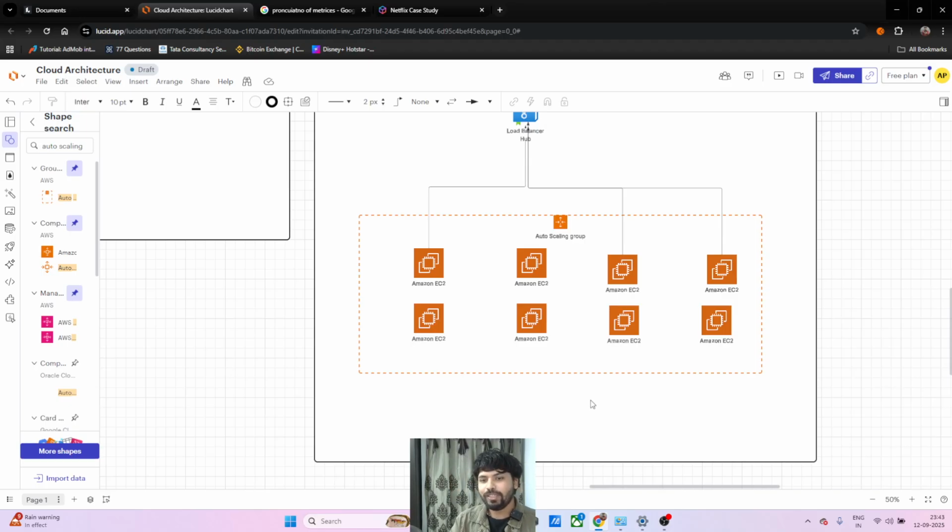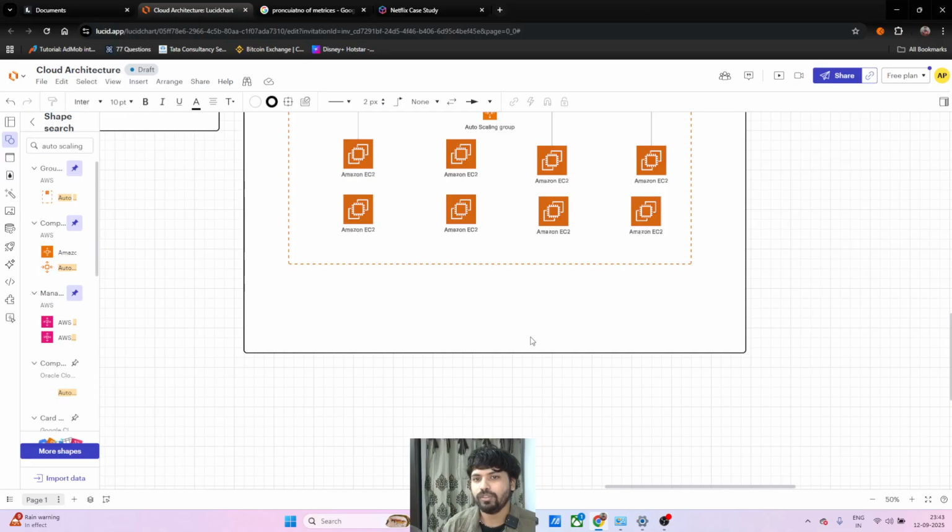One more thing to understand about this: after increasing the number of instances, there is a cooldown period, and that is necessary because let's say you have increased the number of EC2 instances from 3 to 4. Now you want to give some time to the autoscaling group and your whole architecture to come to a stable state.